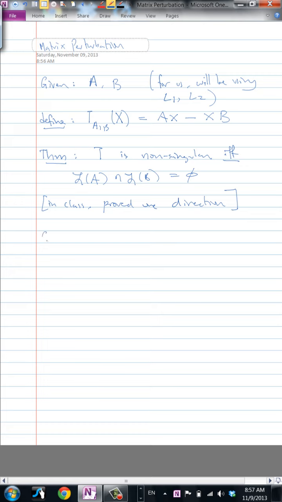The second thing we showed, which was a quick corollary, was that the actual spectrum of T is equal to the spectrum of A minus the spectrum of B, and by this I mean element-wise. In other words, L of A is a set, L of B is a set, so L of A minus L of B is the set of differences of anything in A with anything in B.